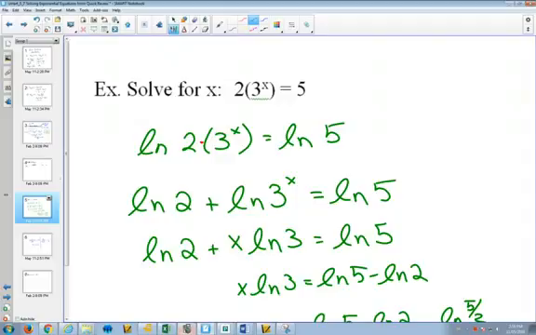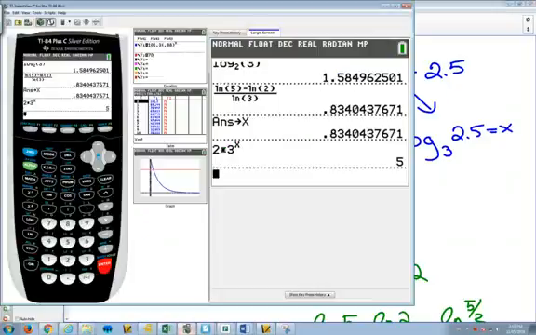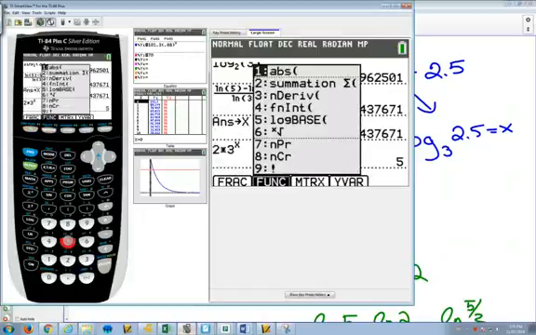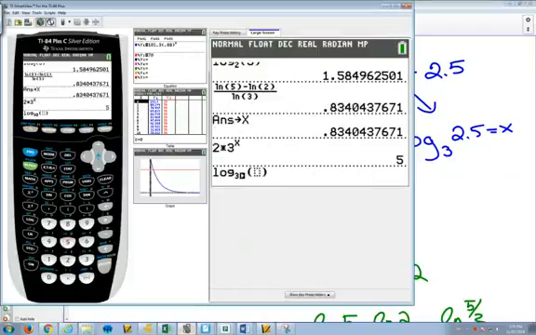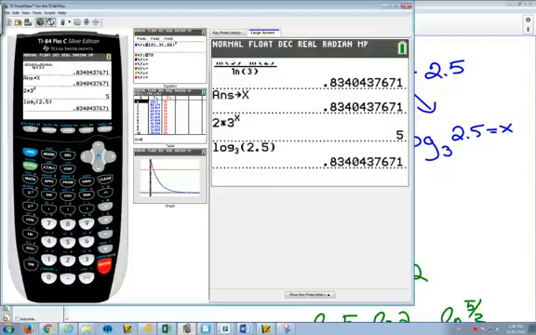But if you wanted to have a little bit of fun, if you divide both sides by 2, you get 3 to the x equals 2.5. And if you would change this to the log form, log base 3 of 2.5 equals x, and you type that into your calculator, you get the same answer. Okay?